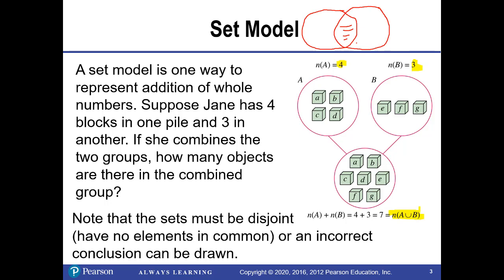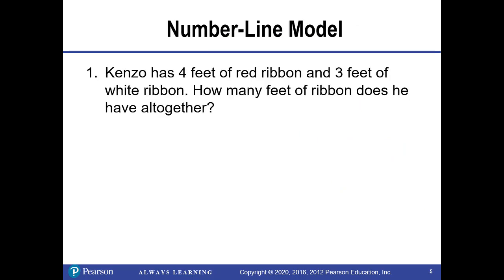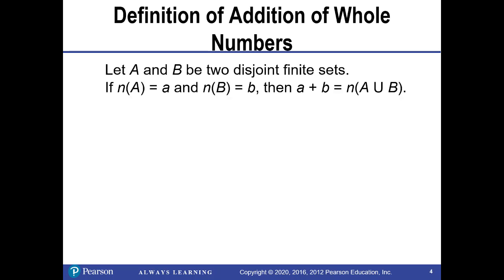How many people like chocolate or vanilla would be this number plus this number minus this middle number, so you don't double count them, because these aren't disjoint sets. But these are. They're 2 separate sets. So there we have the official set theory definition of it.